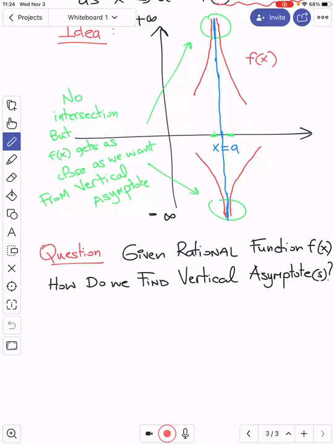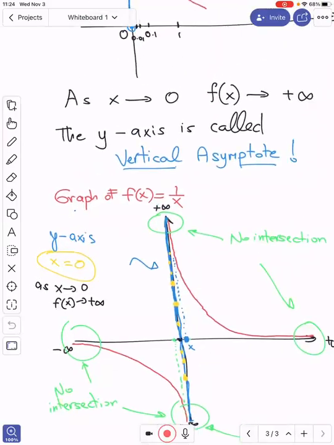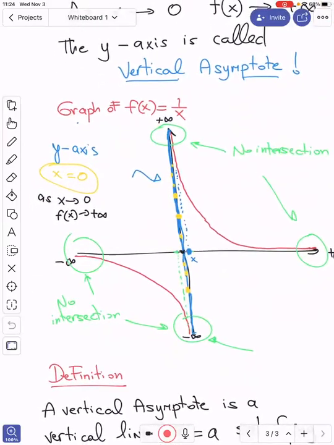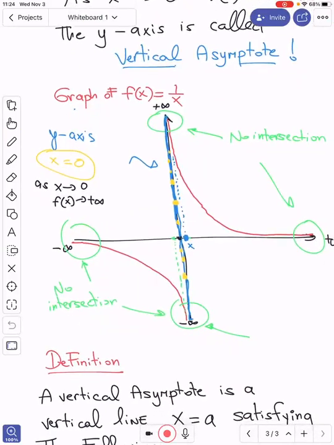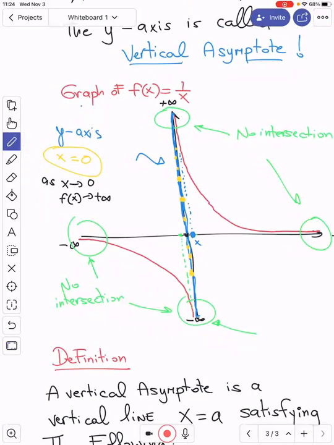Of course, you can have more than one vertical asymptote. Let me come back to my example, 1 over x. This is the graph of 1 over x. We said the y-axis will be my vertical asymptote, x equal to 0. So the y-axis is my vertical asymptote.